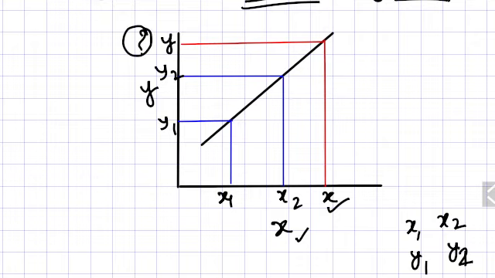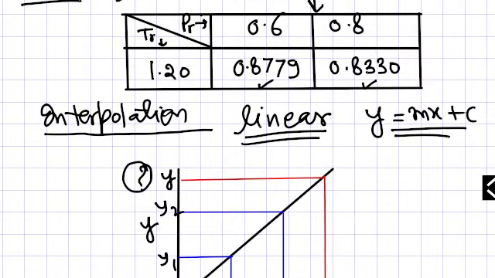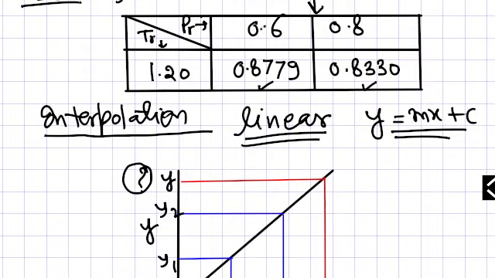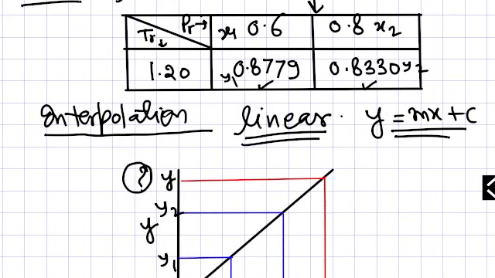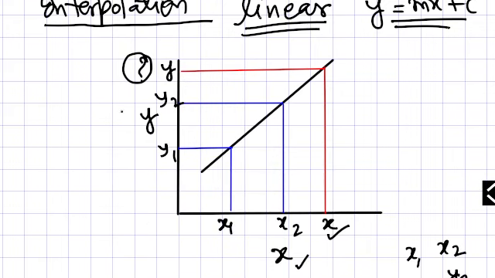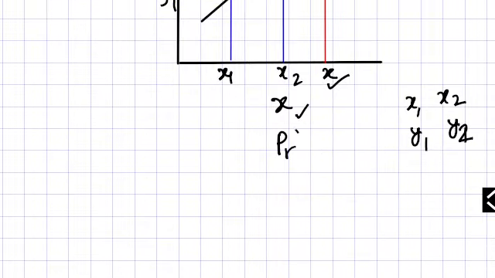It is unknown. So you can compare it this way: this is your x1, this is your x2, this is your y1, this is your y2, and this is your x, in between, x equal to 0.659, and you have to find the value of z or y in between. In our case this is z, and here it is PR.